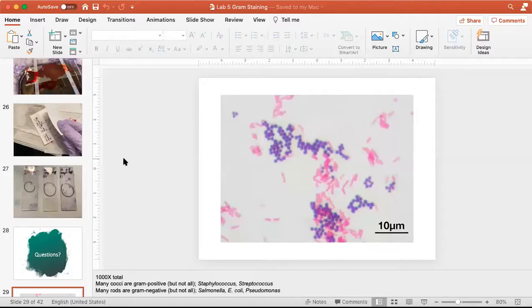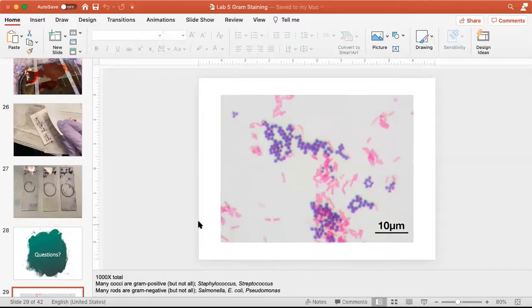All right, on the screen, you should see a slide that is being looked at under the microscope. This is a slide that has two different kinds of bacteria on it. So this is not a pure culture. This is not something we grew up in the lab, but rather something that came perhaps from a patient or perhaps from the environment.